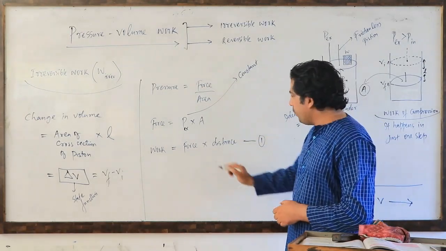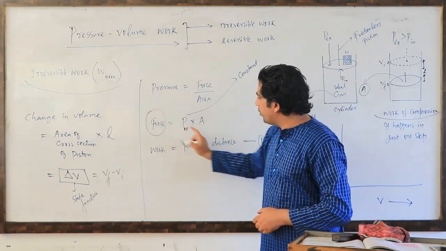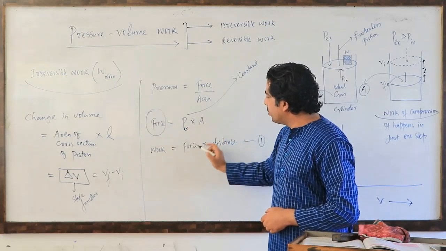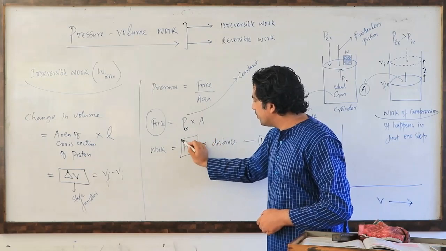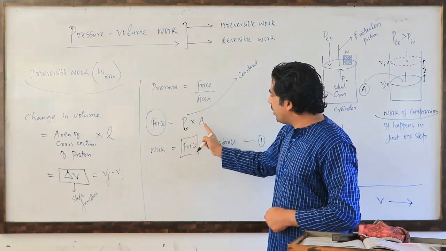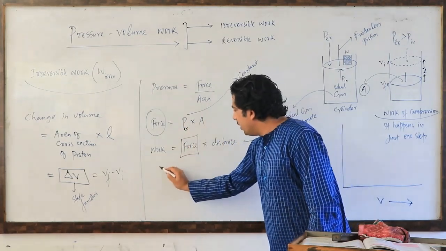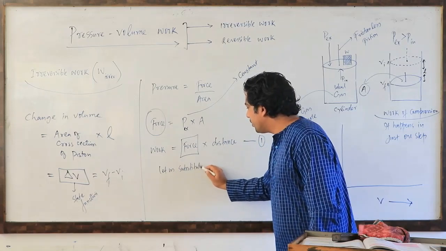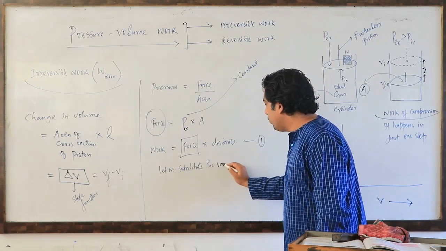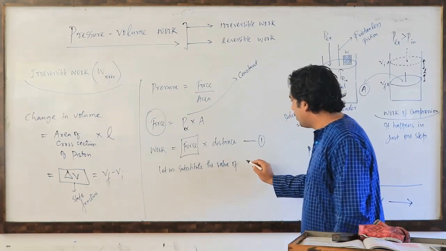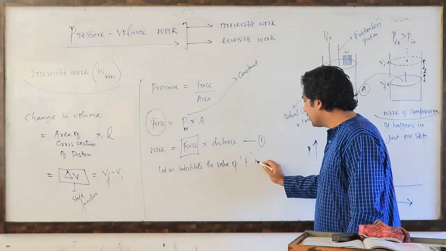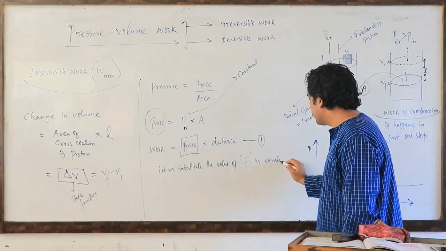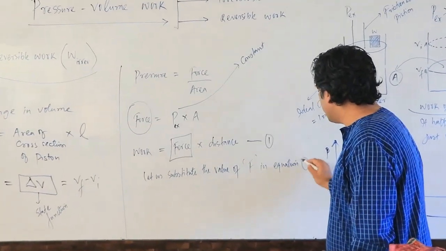And we know that the force is equal to pressure into area. So in place of this force, I can write down pressure into area. So let us substitute the value of force in equation 1, we get.